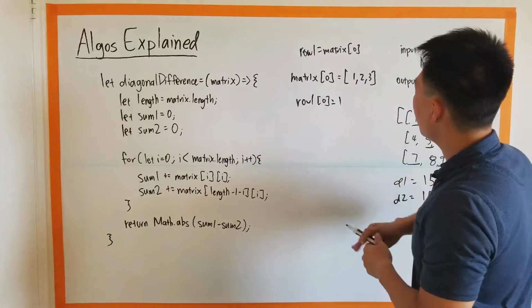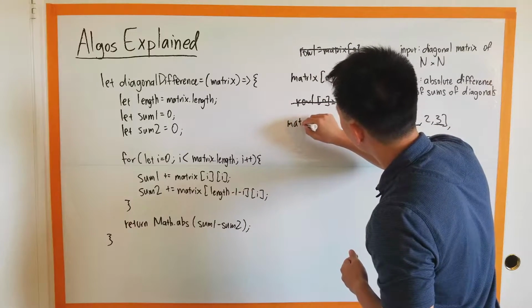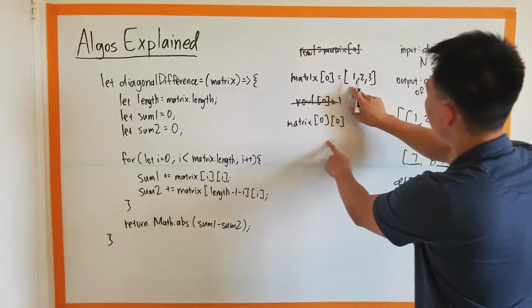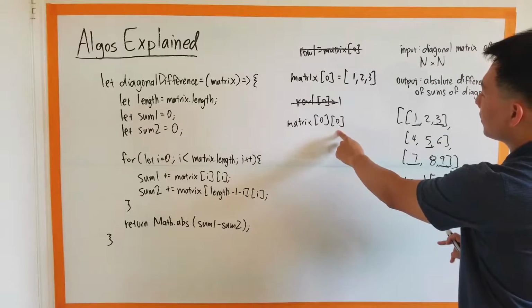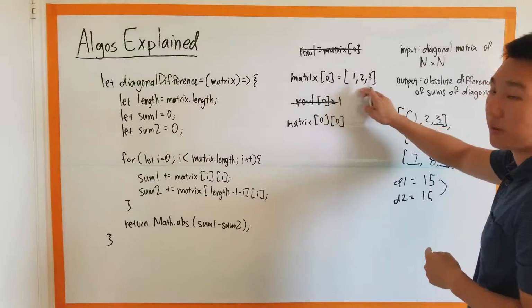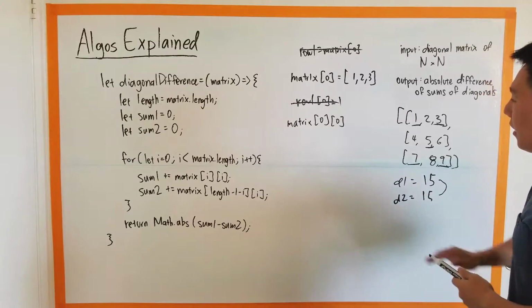But another way to do it is to skip this variable step and just do matrix 0 of 0, and that'll give you the 1. If you do matrix 0 of 1, you'll get the 2. If you do matrix 0 of 2, you'll get the 3. We're talking about indexes, not these numbers right now, in terms of what goes right there.